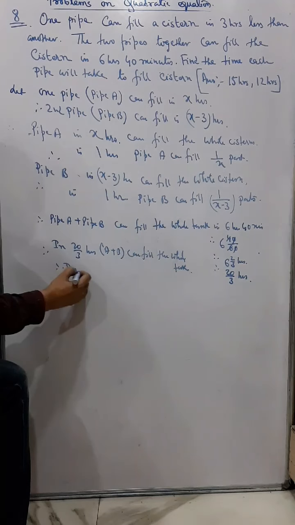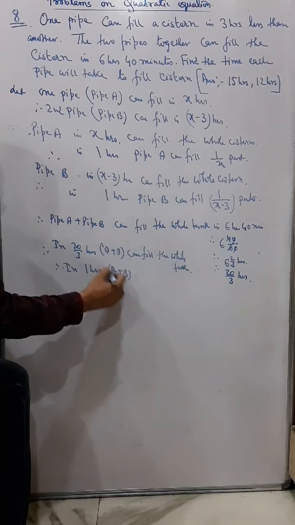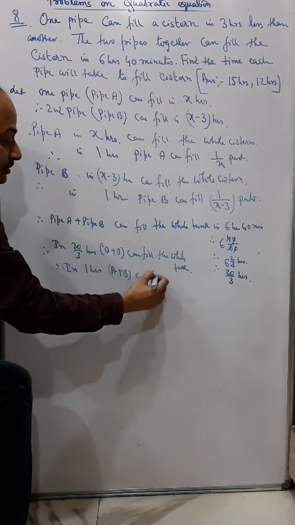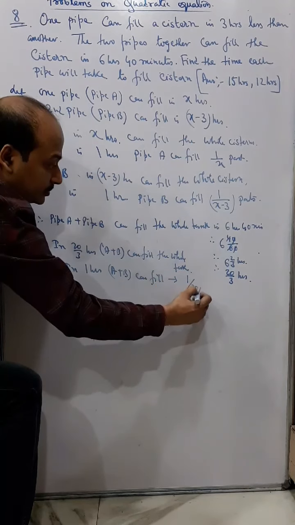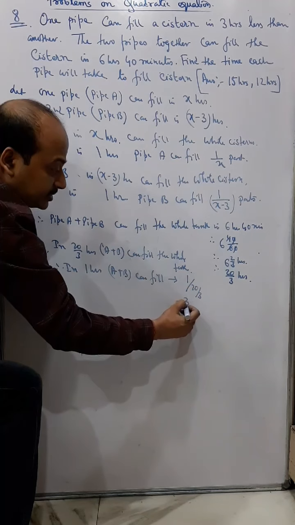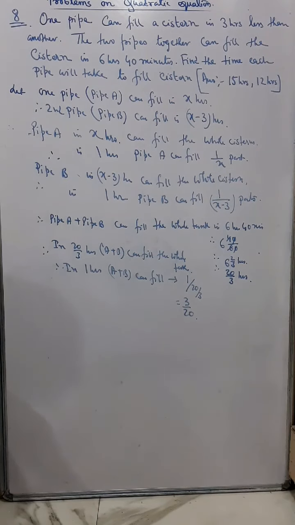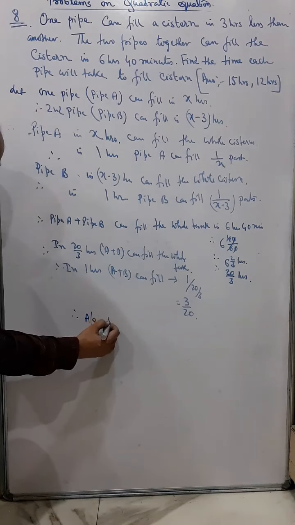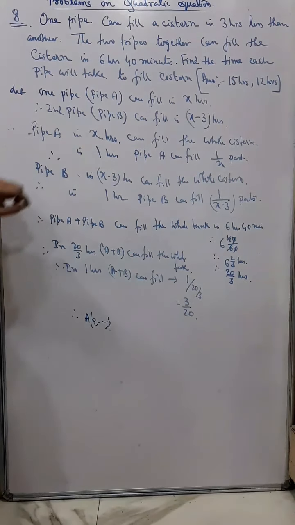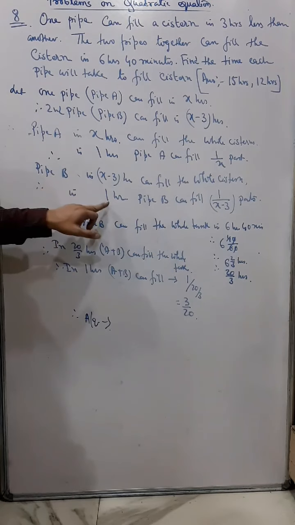Therefore, in 1 hour, A plus B can fill how much? 1 by 20 by 3, and that means 3 by 20. Now, according to the question, this is pipe A's 1 hour work and this is pipe B's 1 hour work.